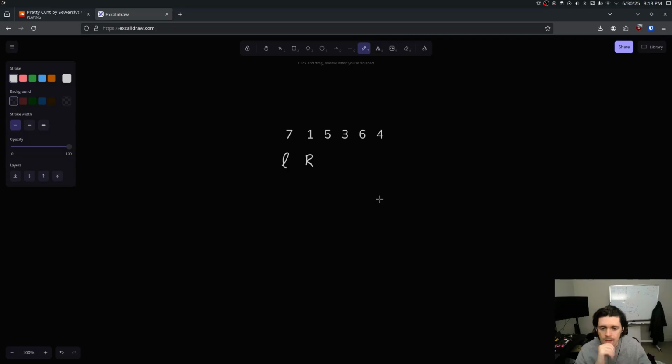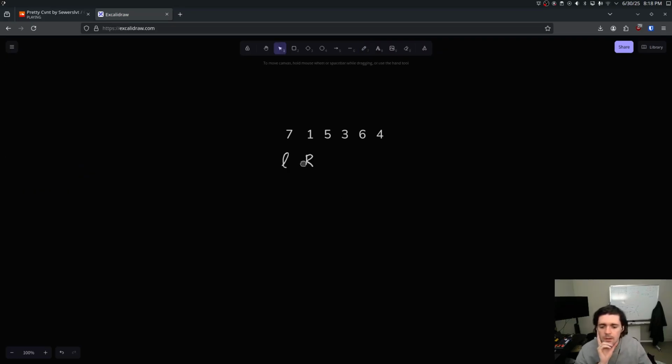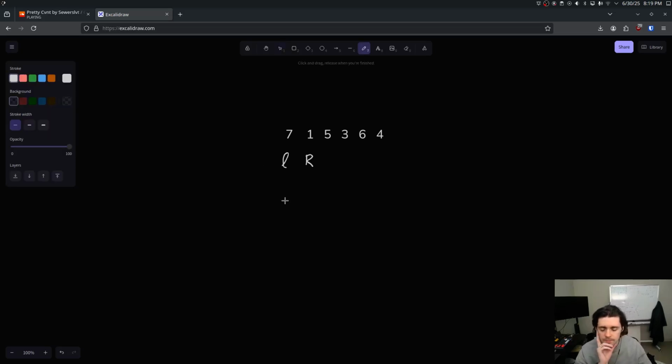So what we're interested in is if prices at the index L is less than the price at index R, then we're going to be keeping track of a max somehow.